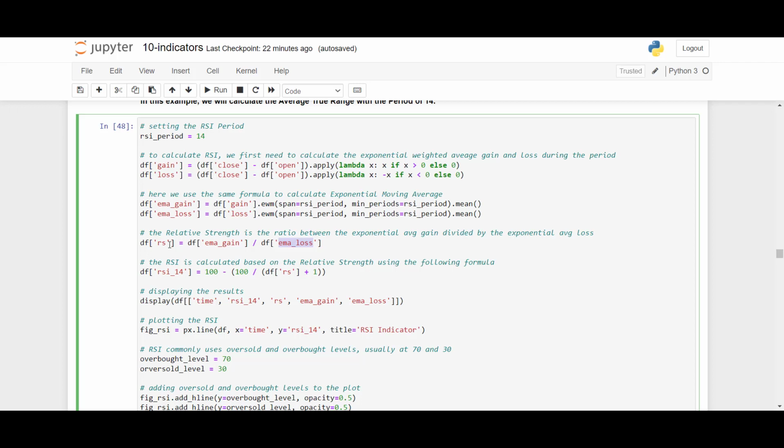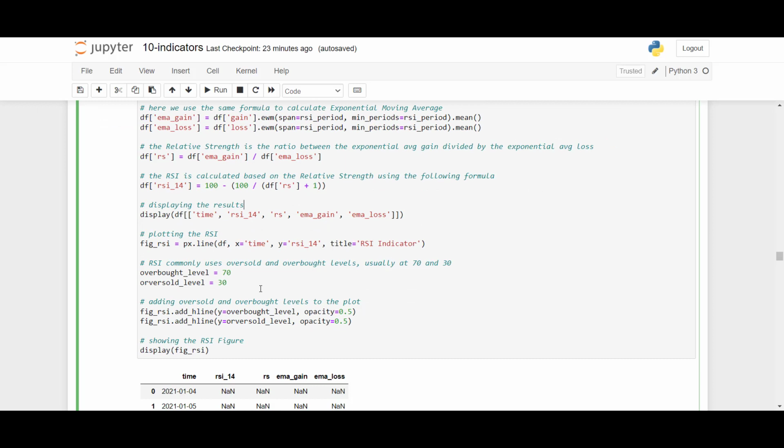Then to convert this to the RSI, there is this formula: 100 minus 100 divided by the relative strength plus 1. So this is the definition of the RSI using the relative strength.